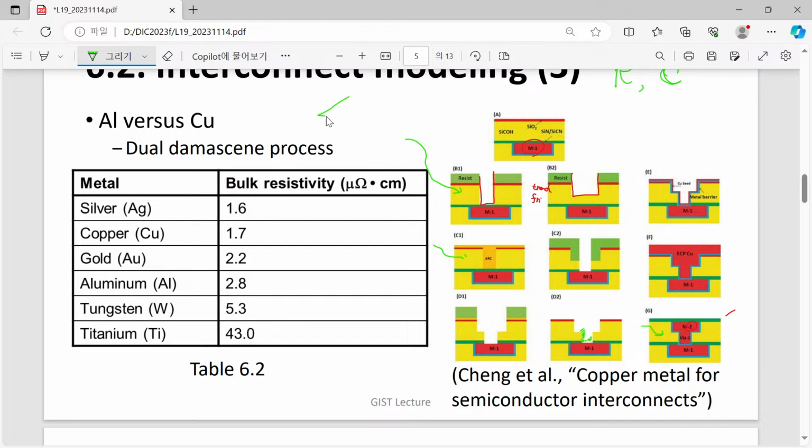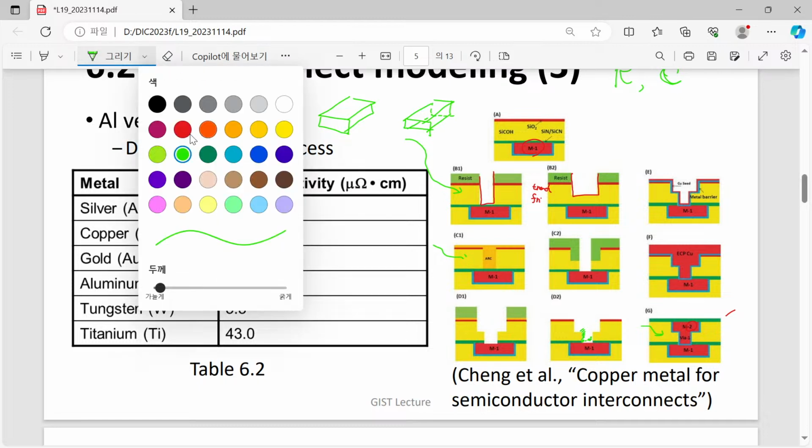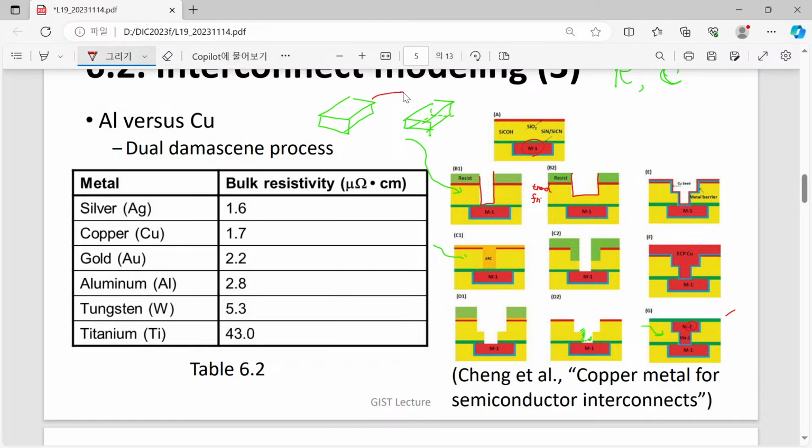For example, if we have one metal wire line, and if we have another wire line, then what will happen? Since we have one metal and another metal, between them we can think about the electric field.